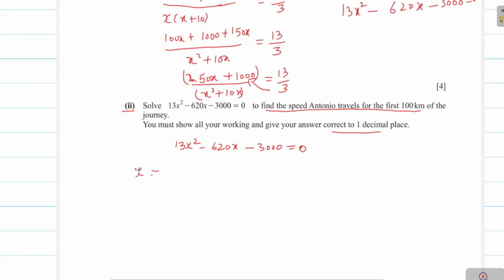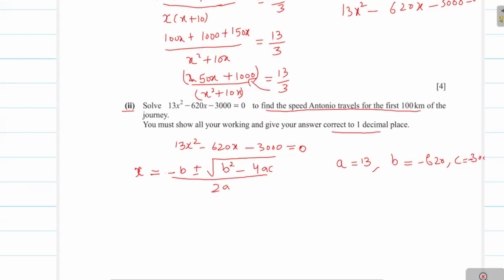x equals minus b plus or minus the square root of b squared minus 4ac, all over 2a. Here a is 13, the coefficient of x squared; the coefficient of x is b, which is minus 620; and c is minus 3000.